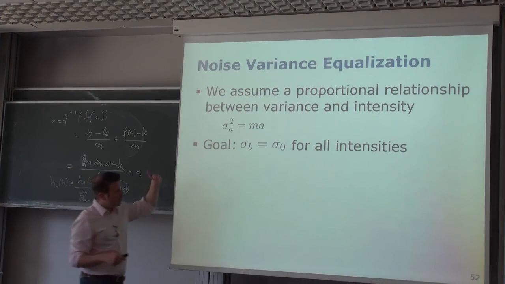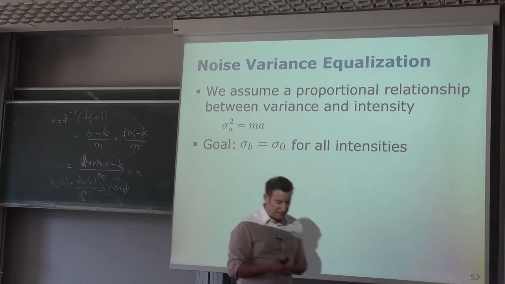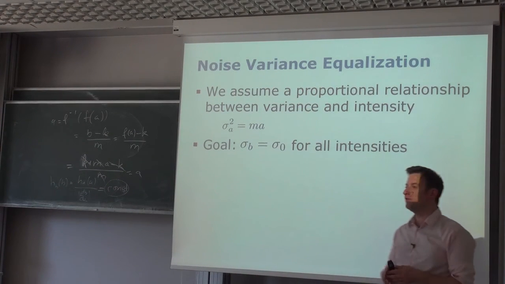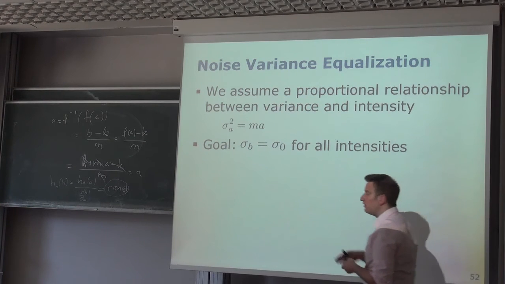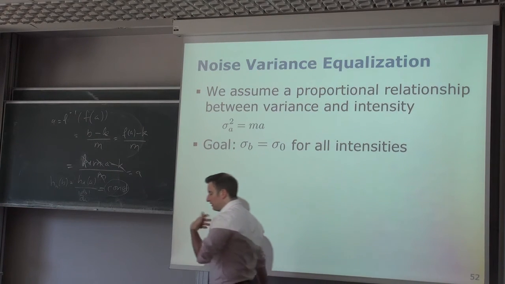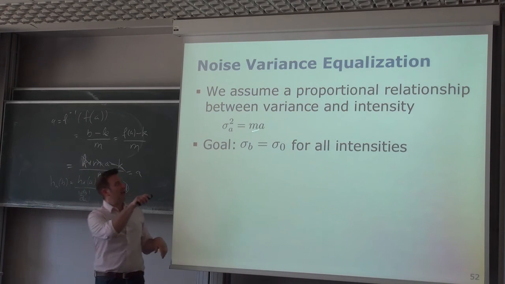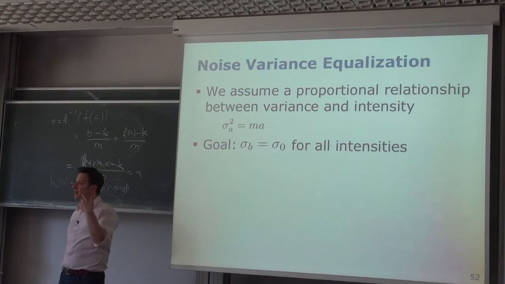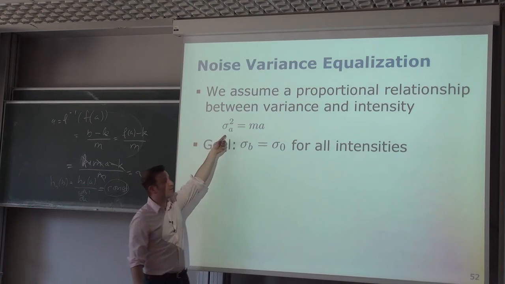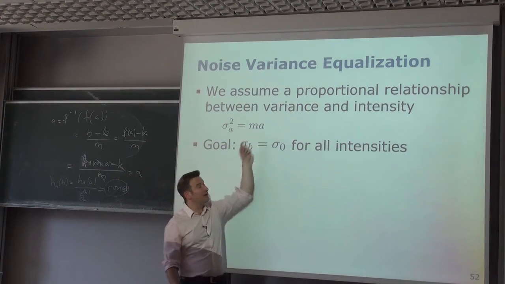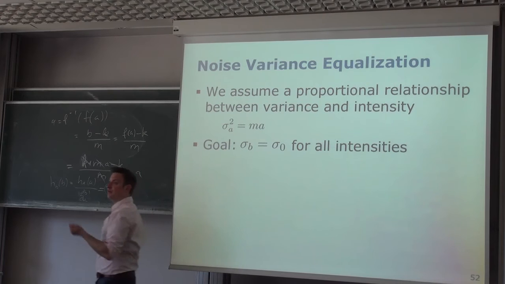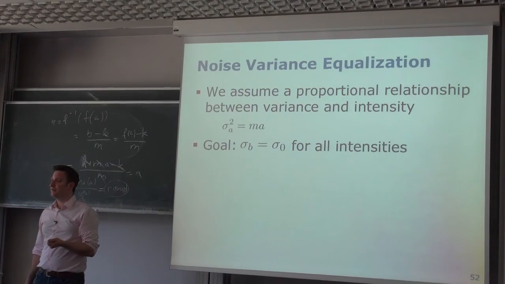But under the assumption that the Poisson distribution is a good model for the number of photons that we measure in our individual sensor cells, we have this relationship that the variance of the individual intensity measurements is a constant times the measured intensity value.